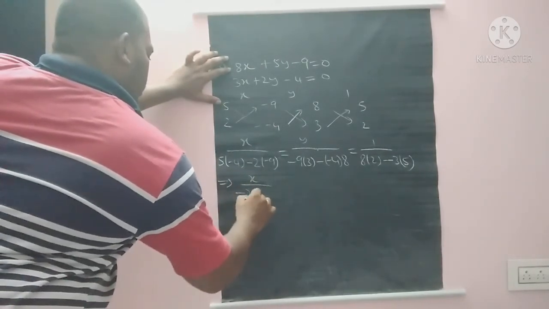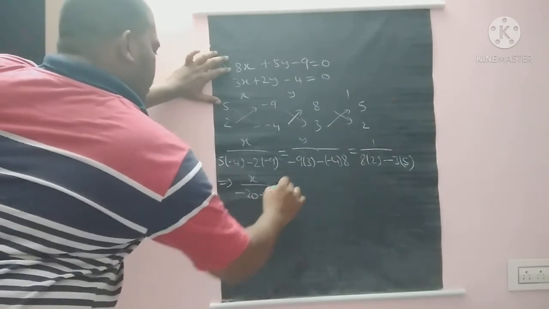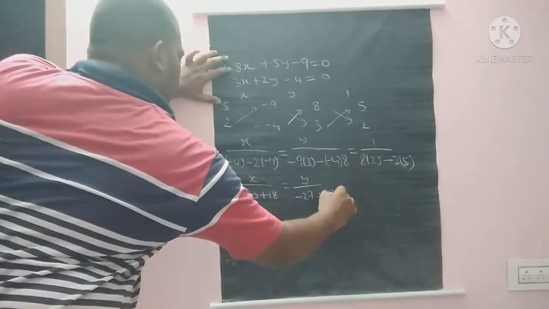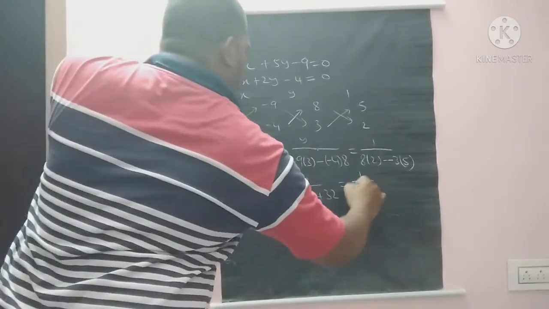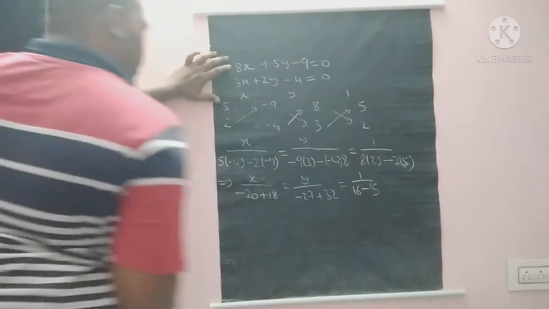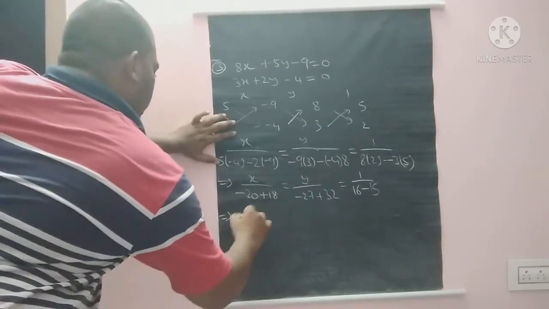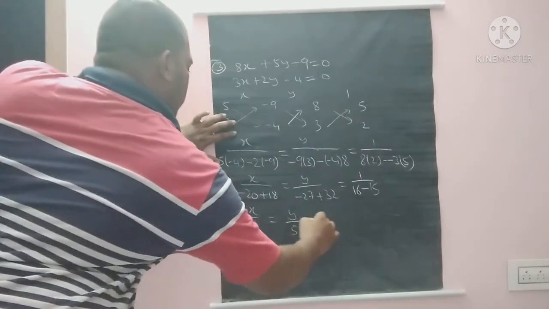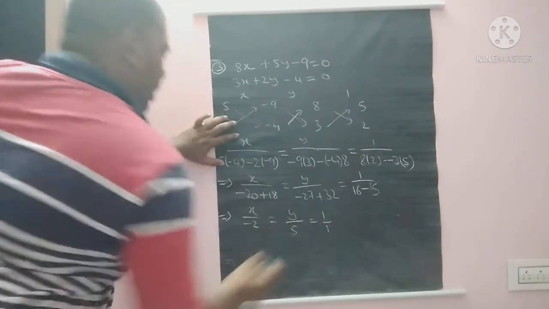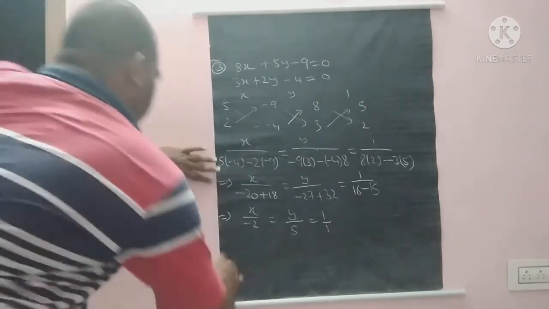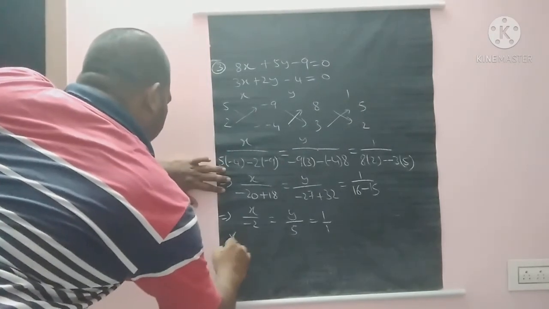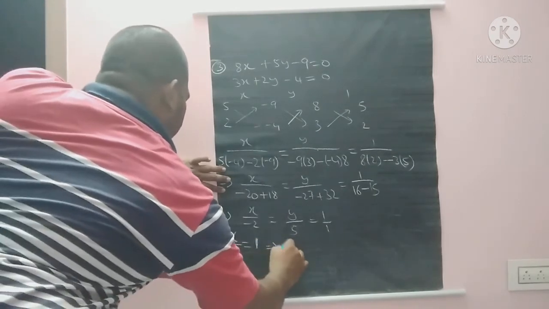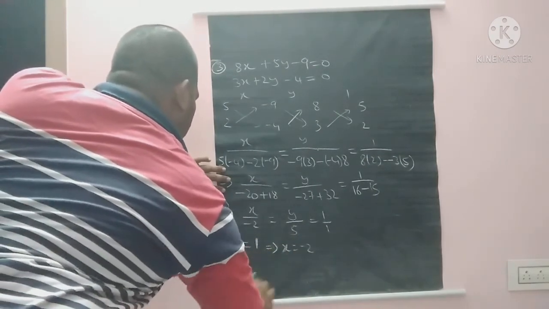X by (minus 20 plus 18), y by (minus 27 plus 32), 1 by (16 minus 15). X by minus 2, y by 5, 1 by 1. So now we can write x by minus 2 is equals to 1, that implies x is equals to minus 2.